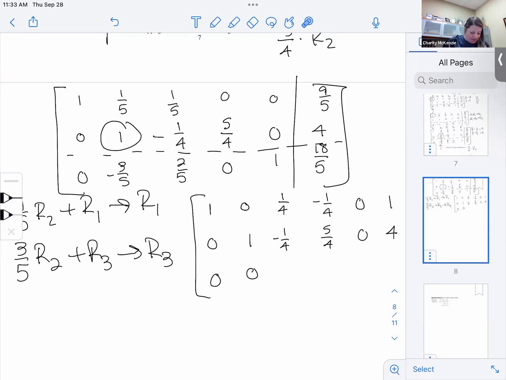I'm going to go 3 divided by 5, times that by negative 1 divided by 4, and then add it to 2/5, and I get a 4th.